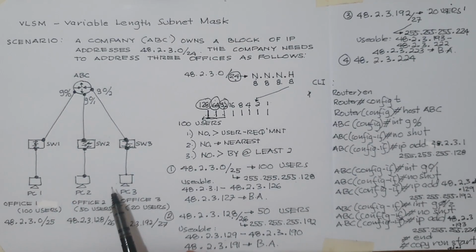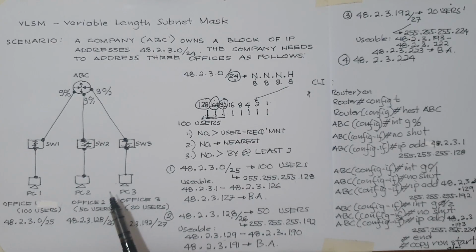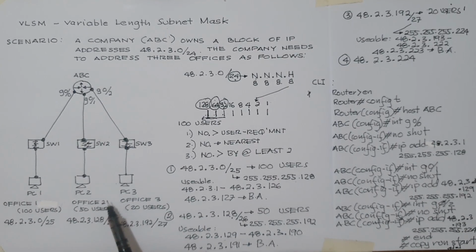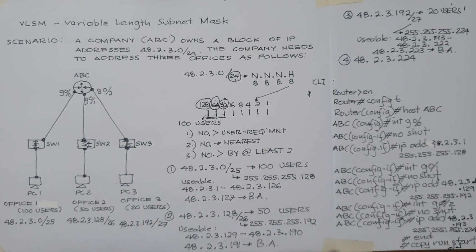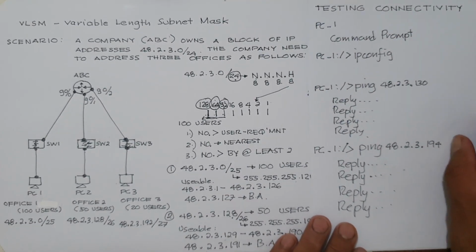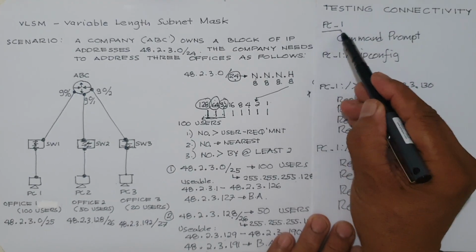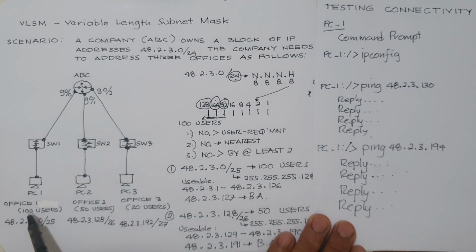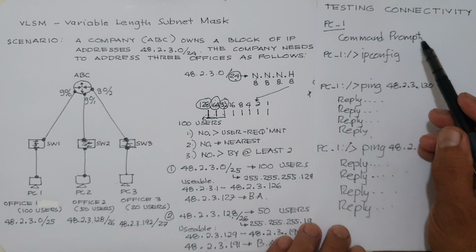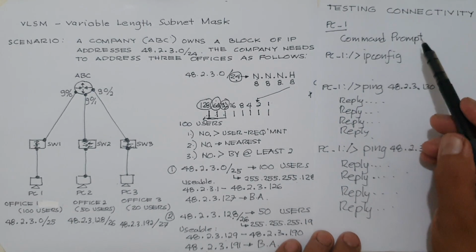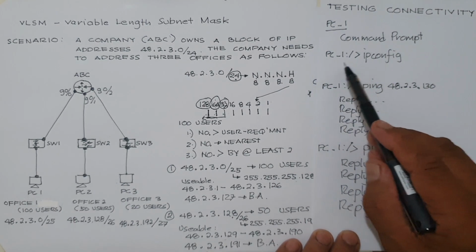We are now ready to test connectivity, okay, among the computers. And when we do that, this is what we do. We go to PC1 here, open the command prompt, PC1, this will come out.